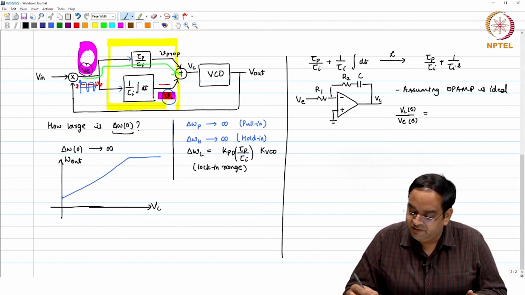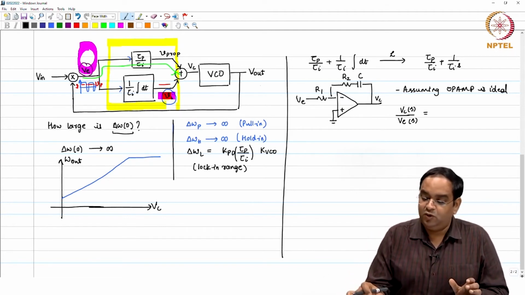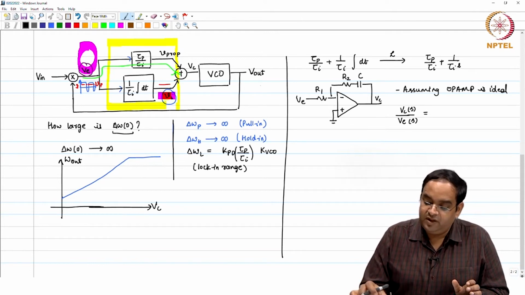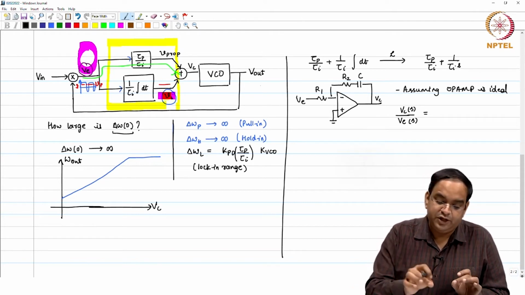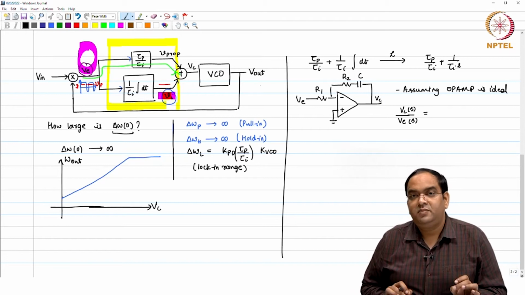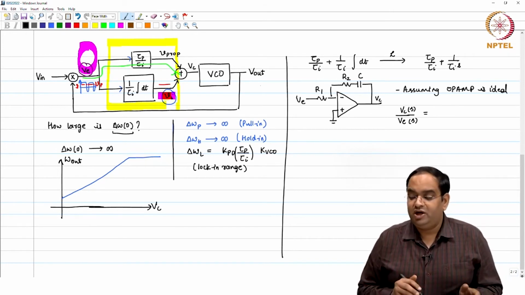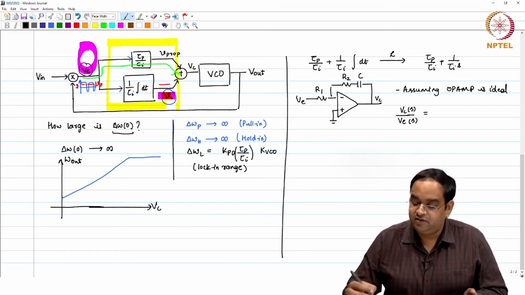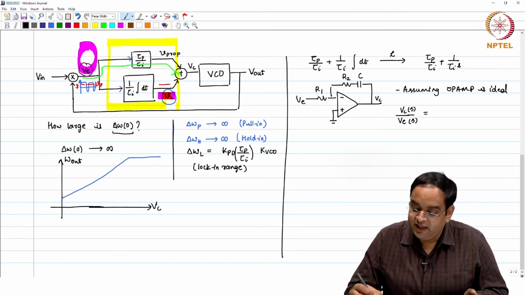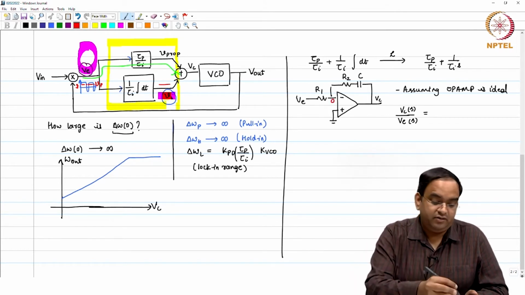If this amplifier is ideal and this whole op amp with integrator is used in the PLL loop, there will be overall negative feedback for this loop filter, and I can assume that this node will also be incrementally grounded.